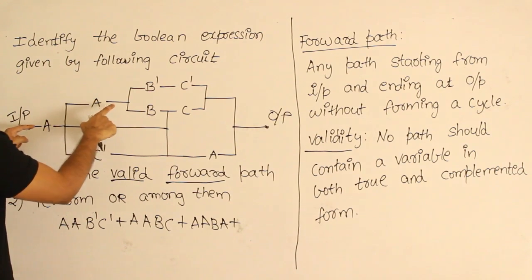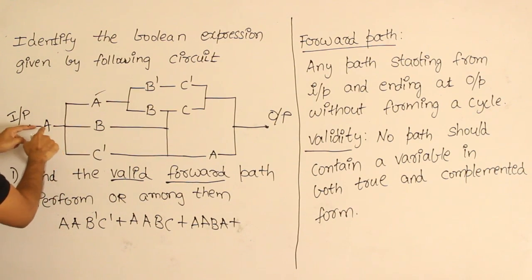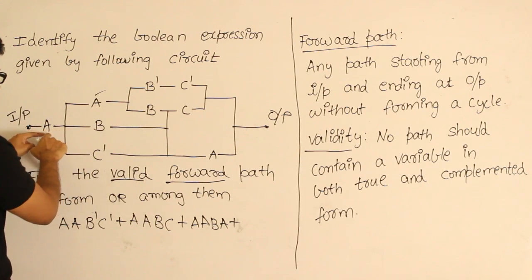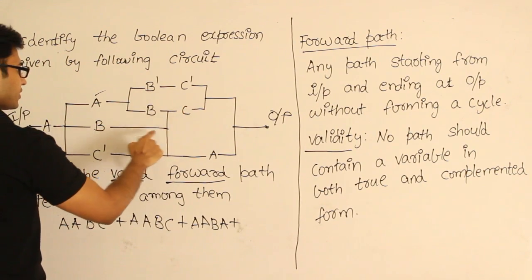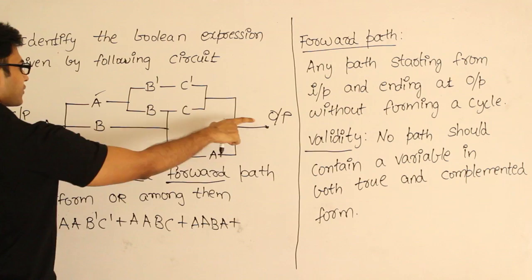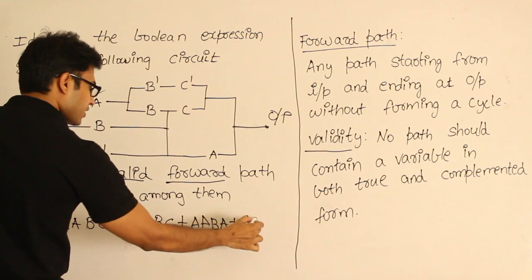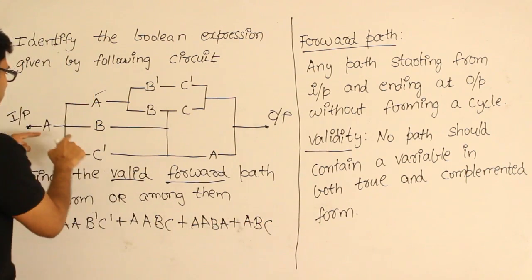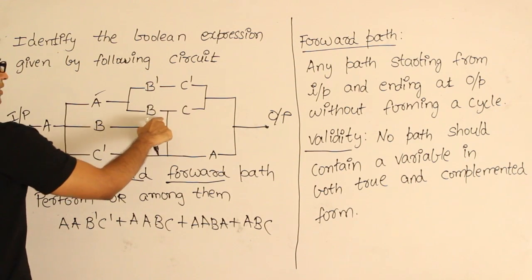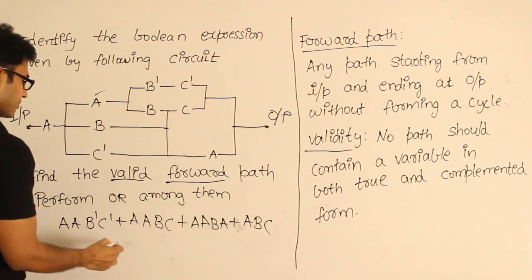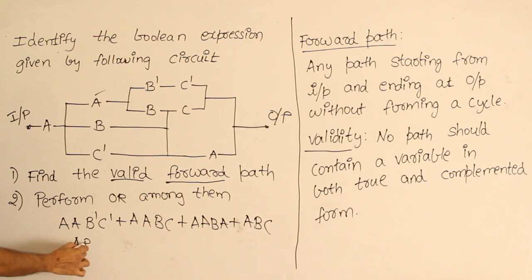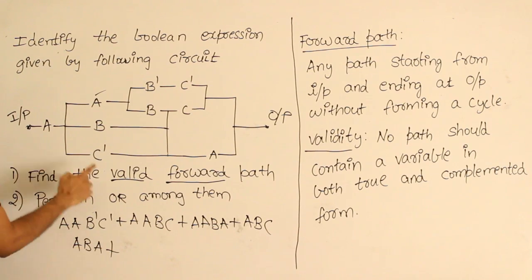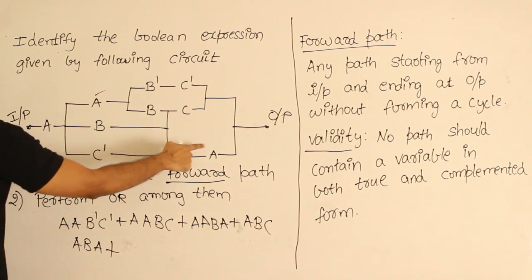Let me explore this one. A, B, C, I can go there. Therefore I get A, B, C, and now A, B, and again I can come down and go there, A, B, A, B, A, and A, B is over.